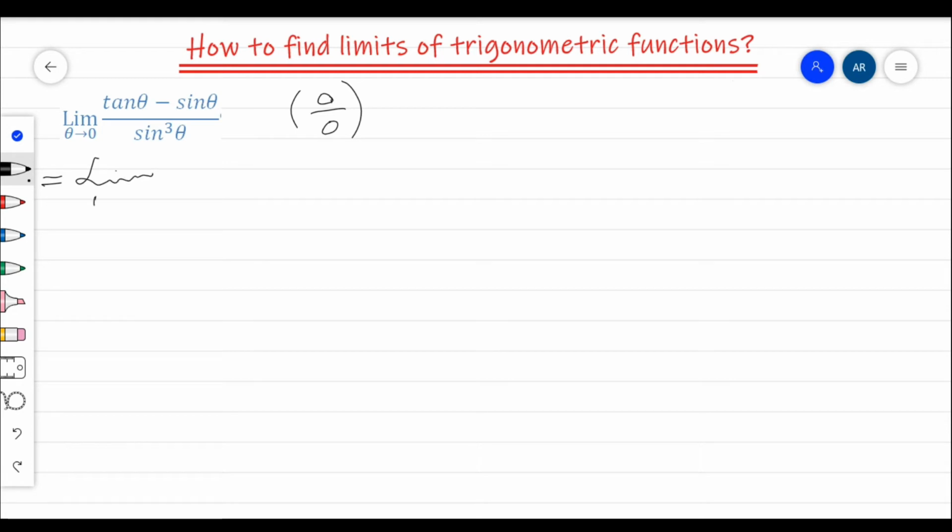Limit theta approaches 0. We can rewrite the given function as 1 by sine cube of theta times tan of theta minus sine of theta.